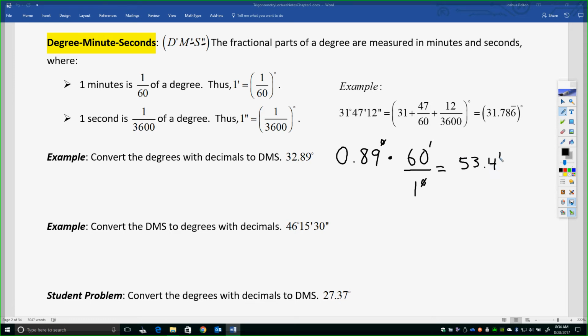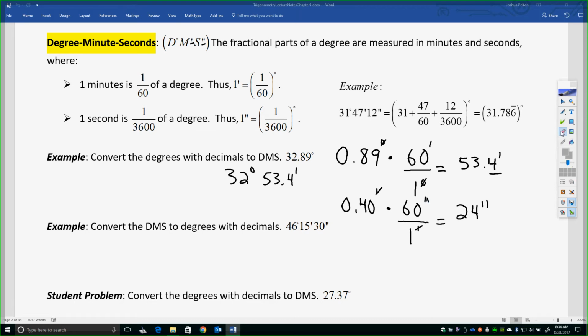So therefore this becomes 32 degrees and 53.4 minutes. Now we want to get the seconds, so we'll take this 0.4 minutes and multiply that by 60 seconds in 1 minute, and the minutes will cancel, and that'll give us 24 seconds.